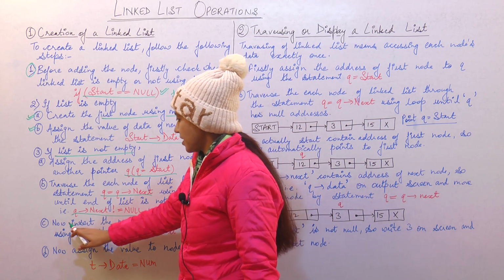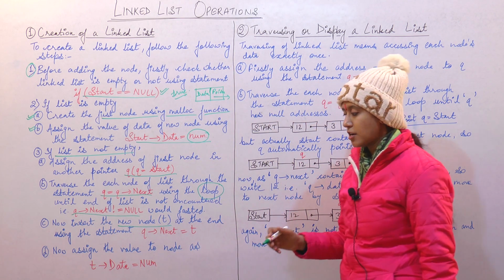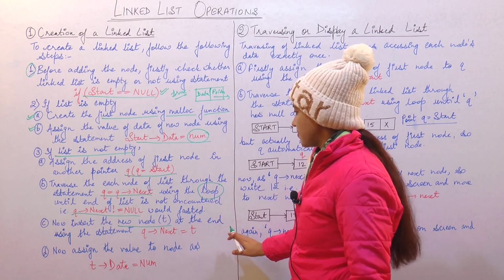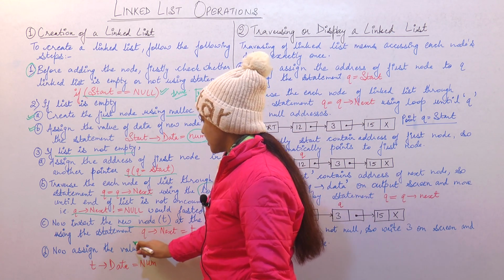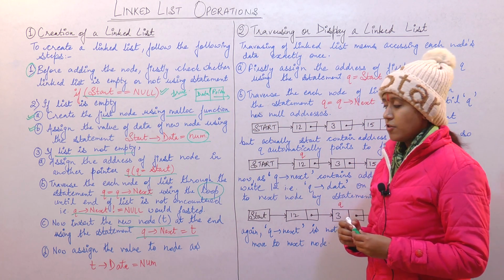Now after that, we will insert the new node t at the end of the list using the statement q->next = t.